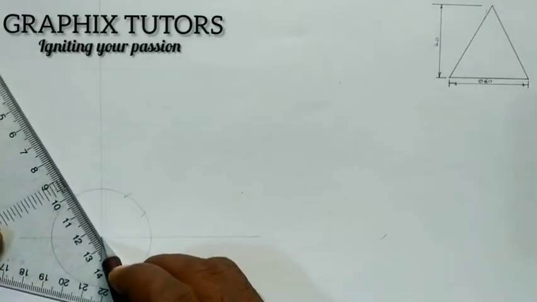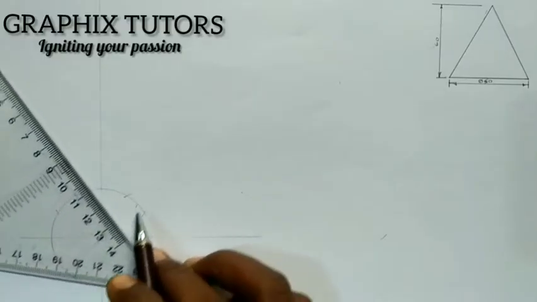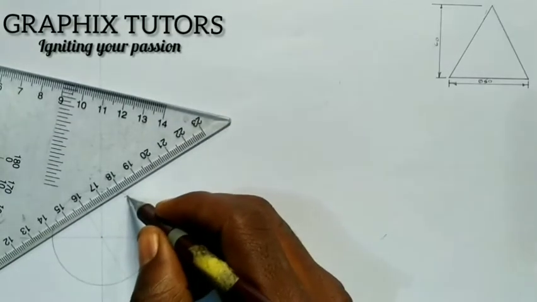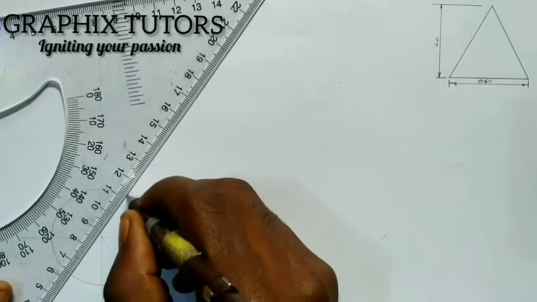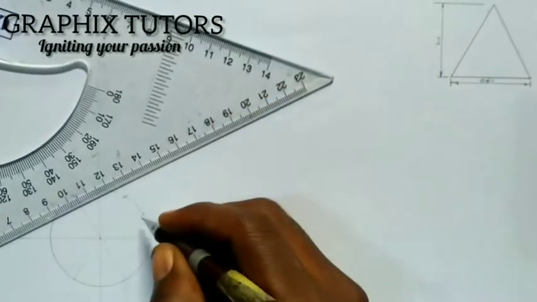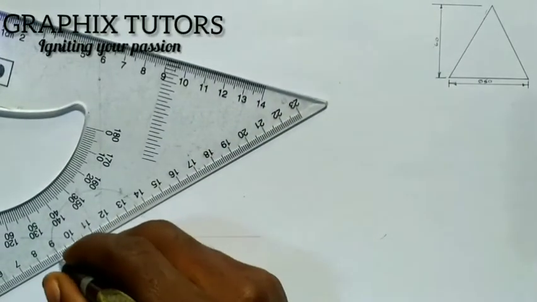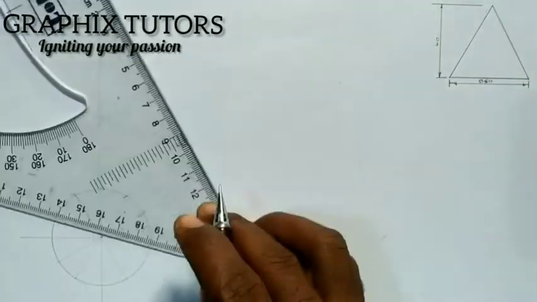So passing through the center, I'll be having this, and this, and this.